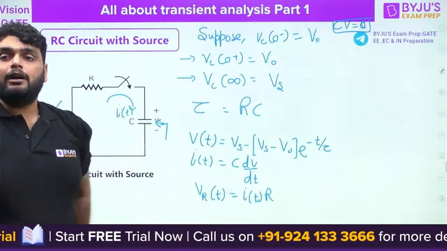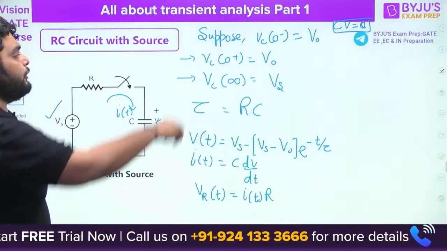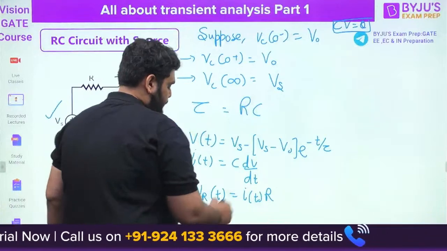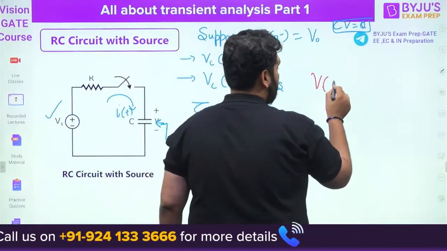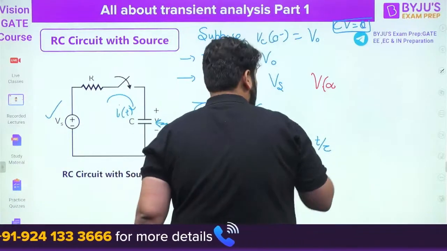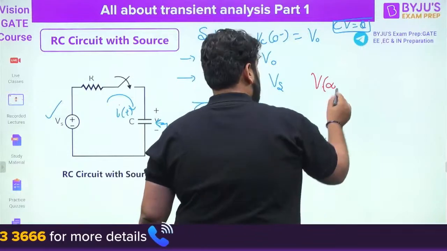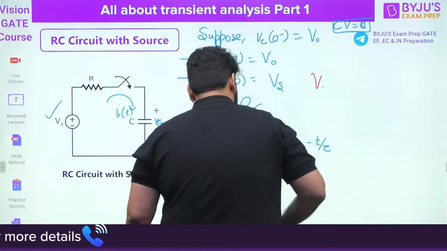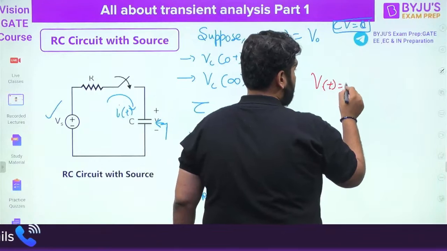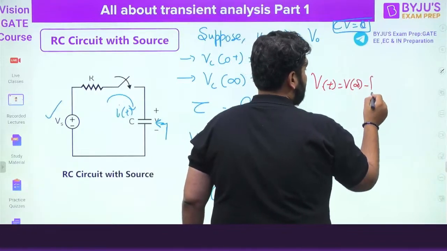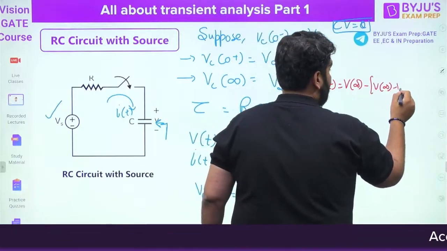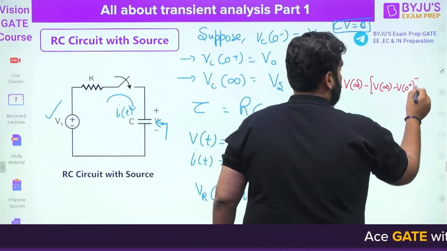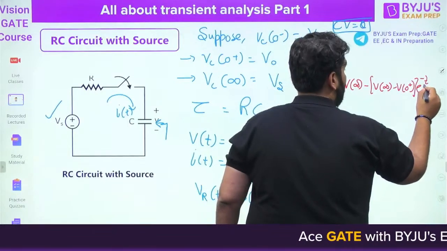Explain again, sir. Amrinder, see beta very carefully. I told you about the shortcut formula earlier that Vt is equal to V infinity minus (V infinity minus V0 plus) e raised to power minus t by tau.